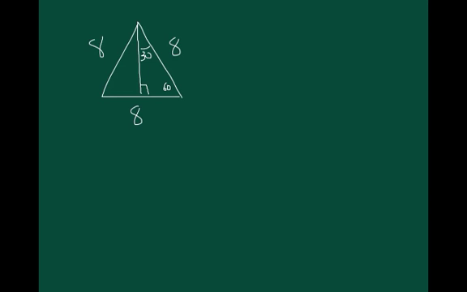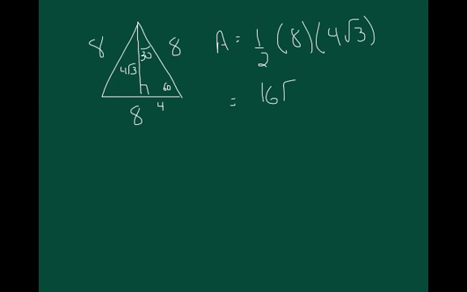So we have a 30-60-90 triangle on the right side. If the hypotenuse is 8, then half of the base will be 4, and the altitude will be 4 root 3. So finding the area is as simple as taking 1/2 the base times the height, which simplifies to 16 root 3.